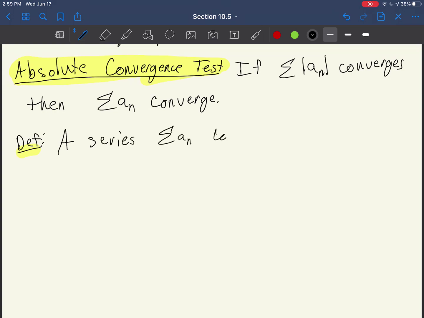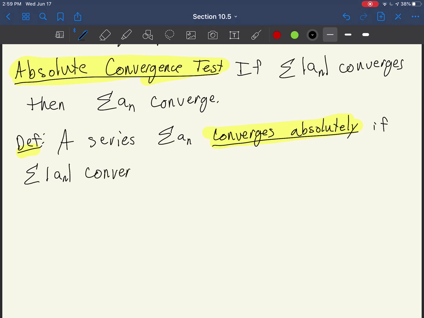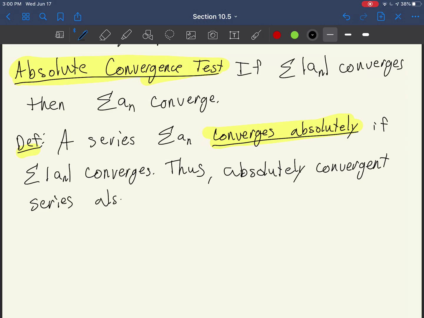A series, the summation of an, converges absolutely if the summation of the absolute value of an converges. Thus, by the absolute convergence test, absolutely convergent series also are convergent.